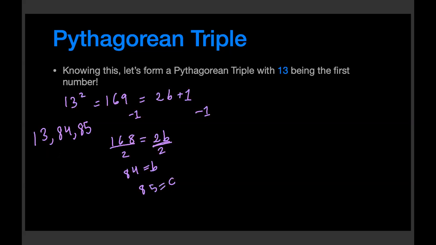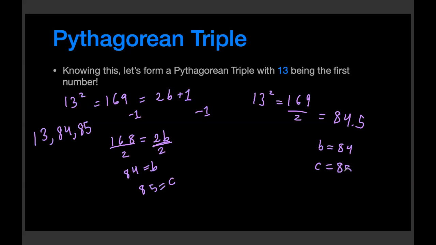I did a similar method, but it is different. I started the same, 13 squared equals 169. I did 169 divided by 2, which equals 84.5. Then I did that minus 0.5, which equals 84, which was B, and plus 0.5, which is 85, which is C. So 13, 84, 85.